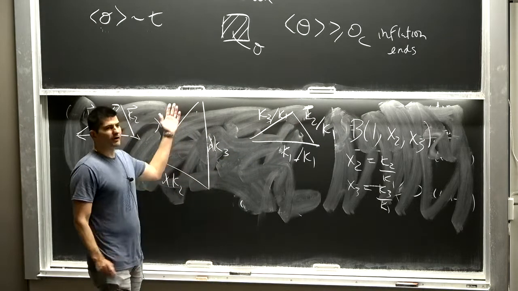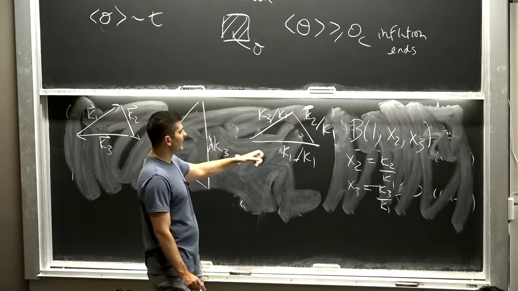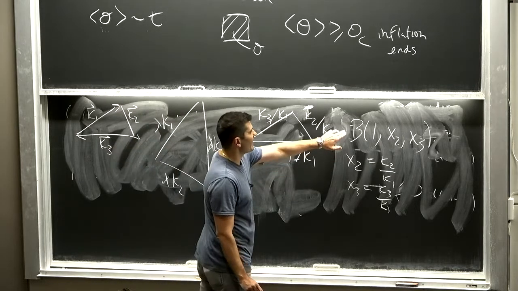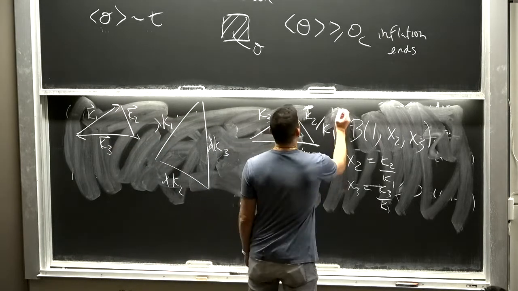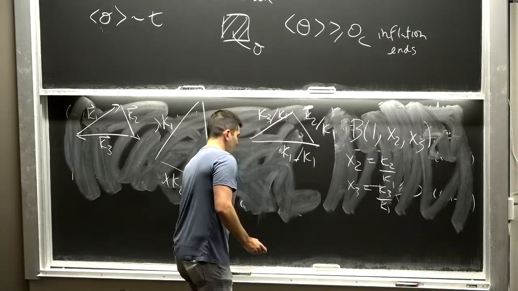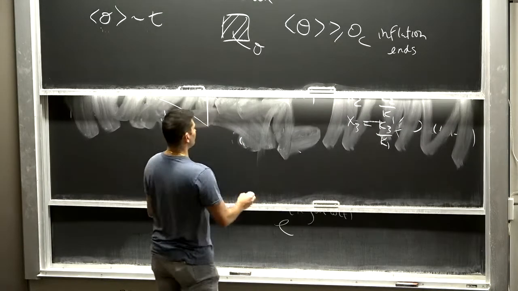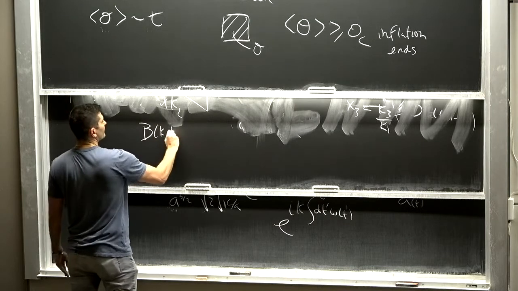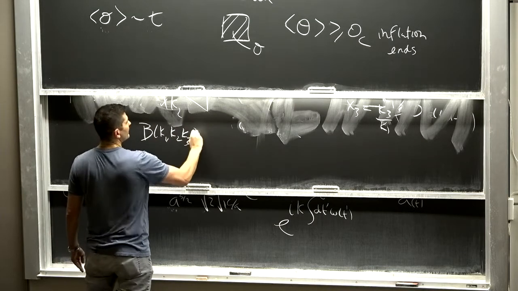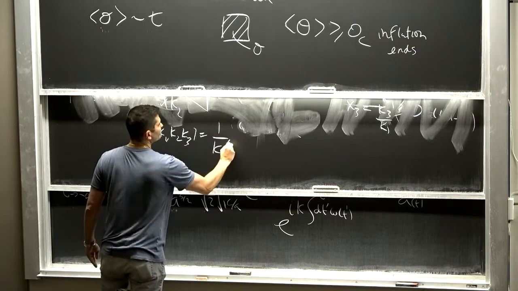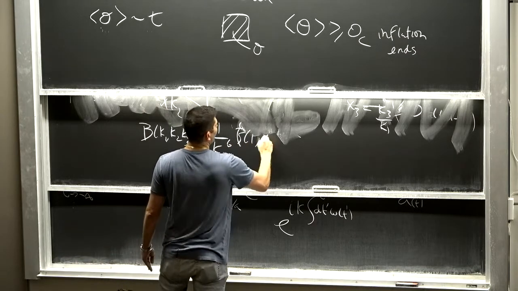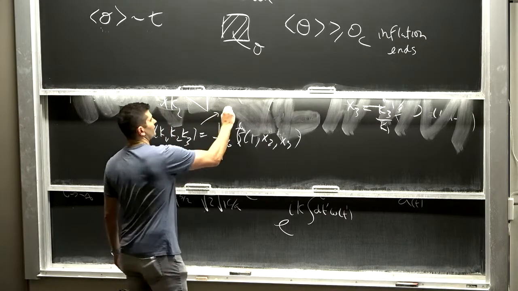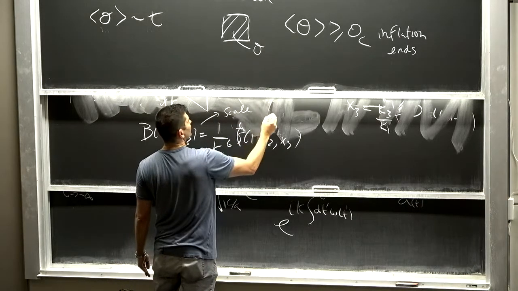And then there's some overall 1 over k1 to the 6 dependence that comes out. So if you want to put general k back, we can write it this way. B of k1, k2, and k3 is just 1 over k1 to the 6th, b of 1, x2, and x3, assuming scale invariance. So this is scale invariance, which is, as far as we know, a pretty good symmetry.